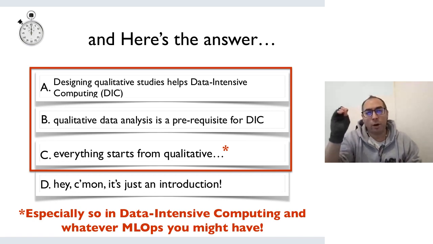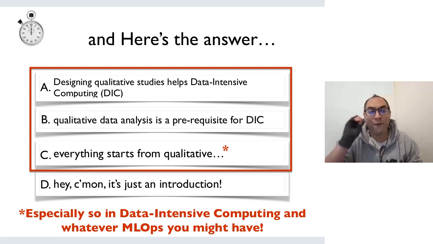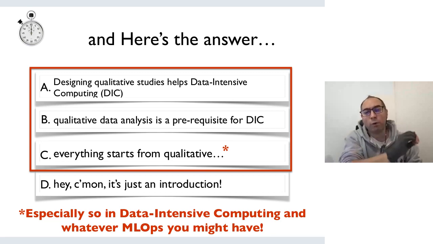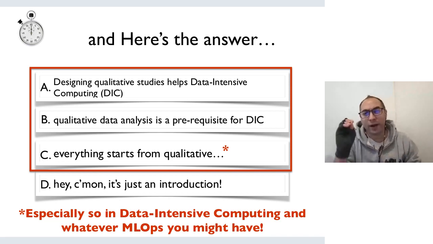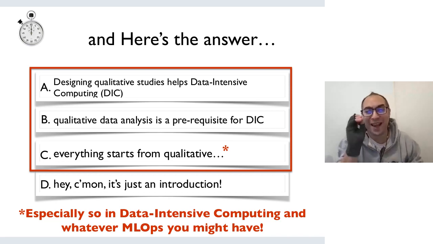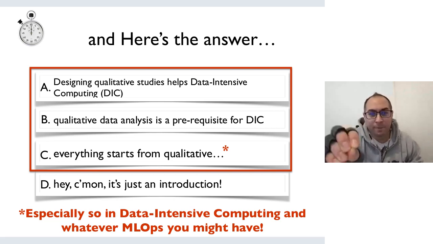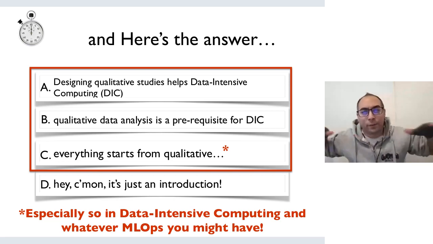Especially in the realm of data-intensive computing, everything starts from qualitative research. Qualitative research means you have a structured way to explore an unknown domain. And the purpose of that exploration is for understanding. Qualitative research is designed to go in depth as opposed to in width.